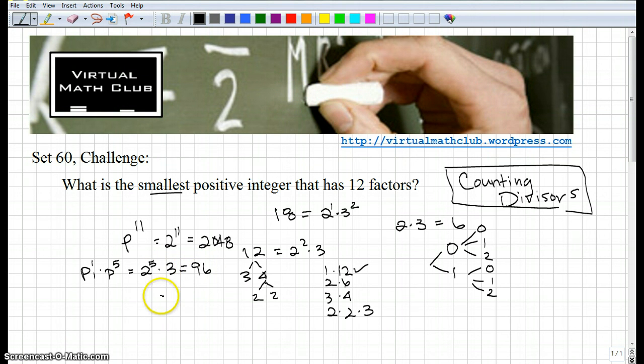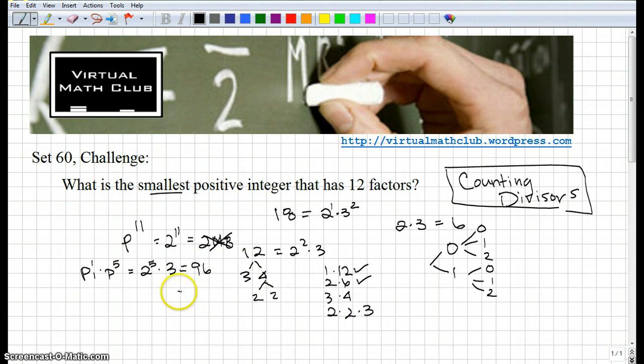That takes care of this case. That would be the smallest number that has something to the 5th times something to the 1st power. And 96 is smaller, so we're getting there.